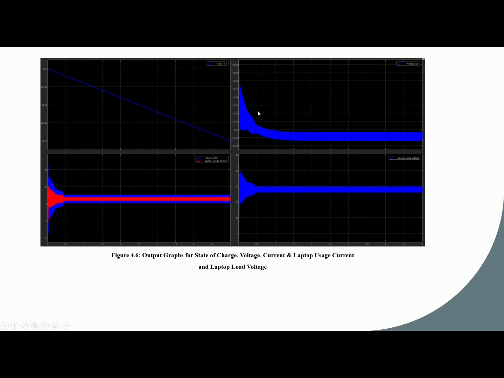It started out erratic from the beginning over here, but stabilized at about 20.6 volts, which is only a little lower than the value of 20.8 volts that we have acquired when the laptop is being powered by AC power. Hence, the discrepancies between the two values were not too vast or too different.